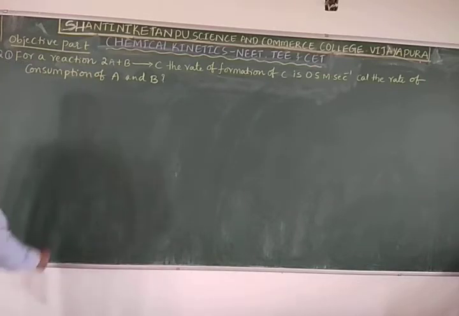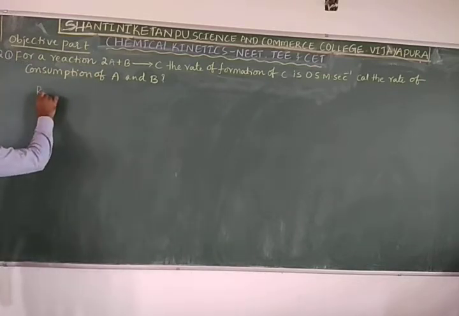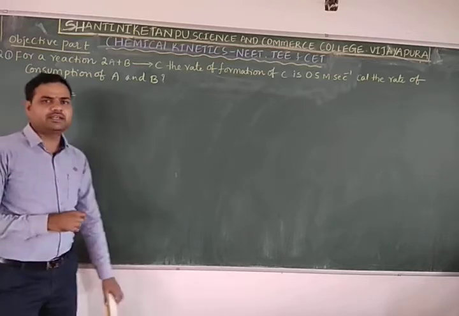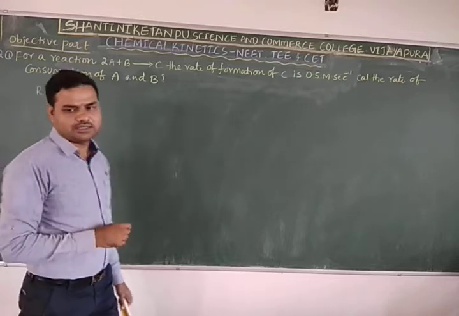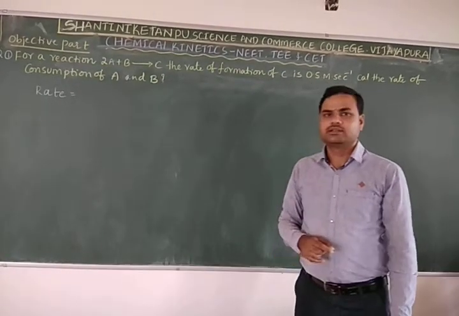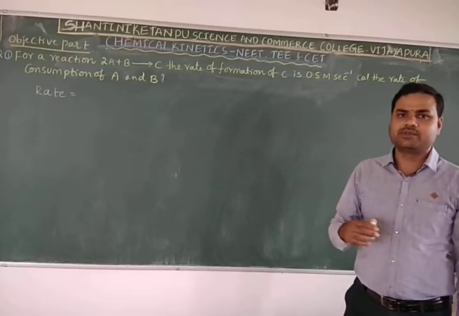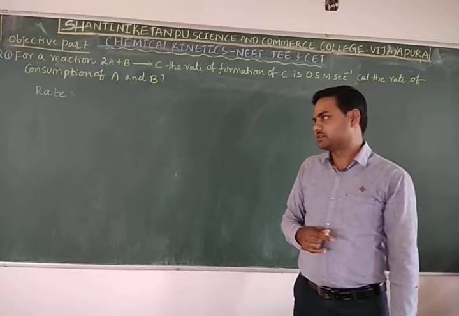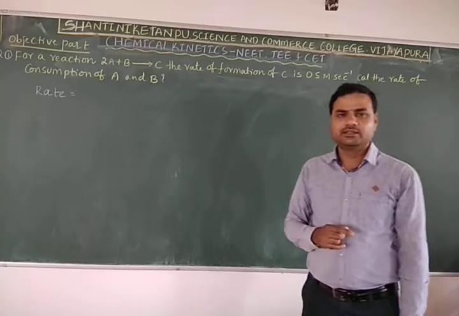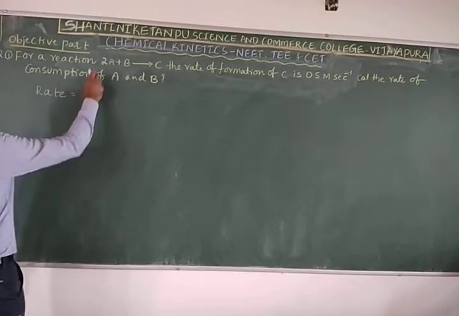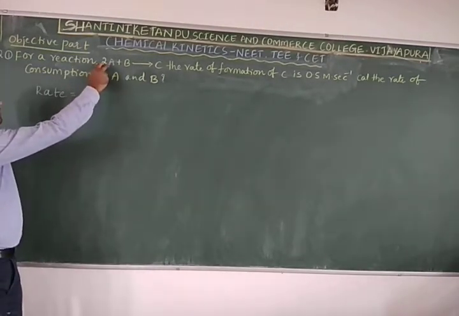First we are writing rate. And you know that we have already taken one relation: rate of consumption of reactants, formation of the products, and also the rate of the reaction. Based on that, we write rate is equal to, how many moles of A? 2 moles.